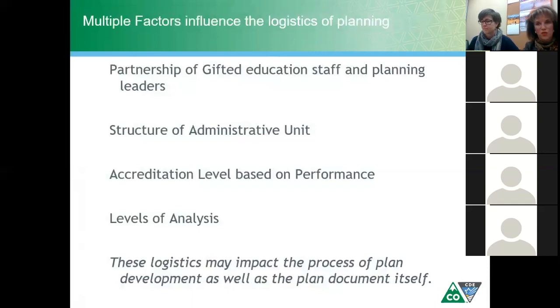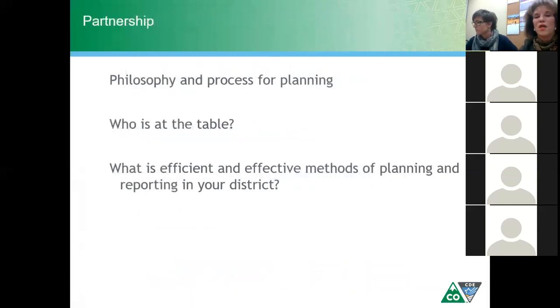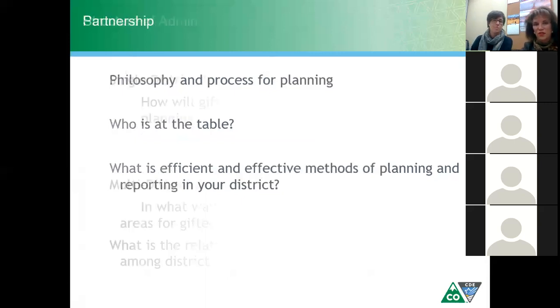I'm not saying that's true across the board, but that's some feedback we got while working with the design team. So along with that, in the partnership, this supports asking who is at the table and what's going to be the most effective and efficient way that we can do this in our district.